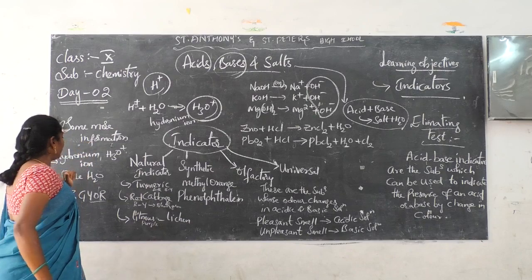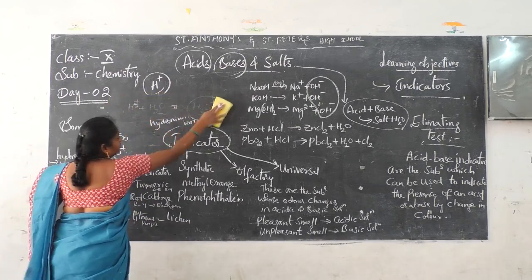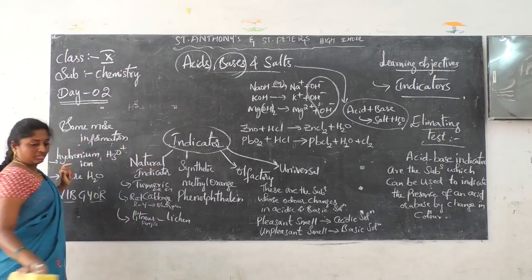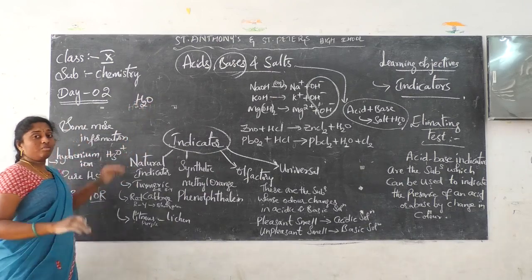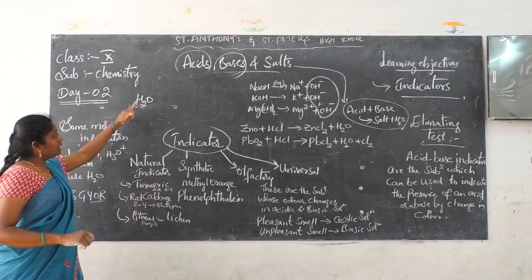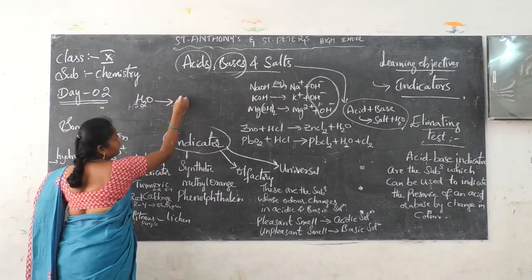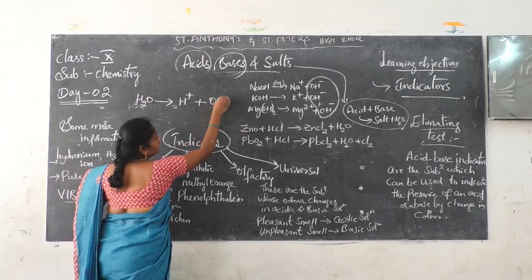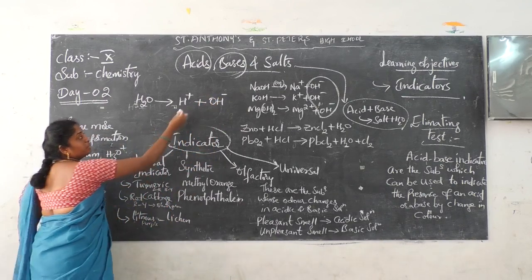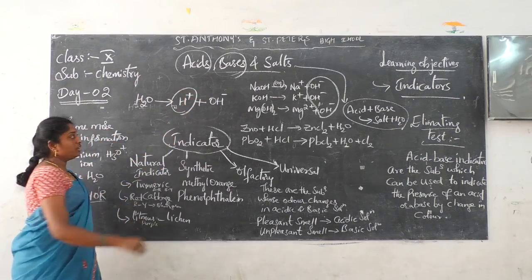And one more piece of information. You know water. What is the formula of water? H2O. Now let us take pure water. In this water also it is splitting into H plus and OH minus ions. H plus indicates acidic nature.